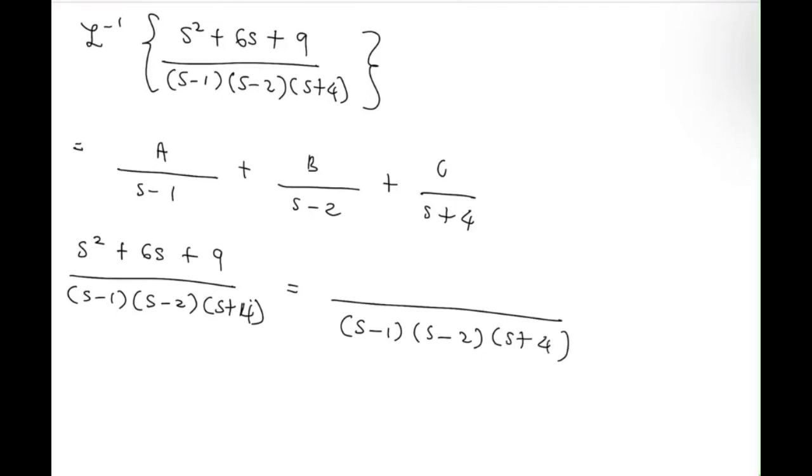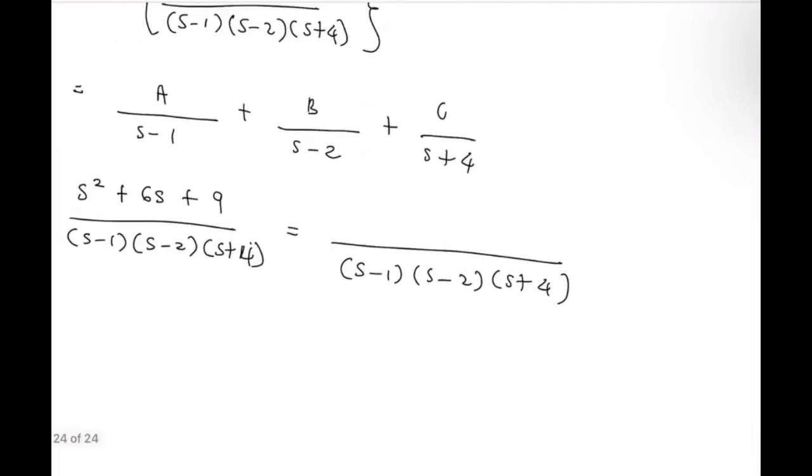All right, so first, let's see the A. For A, we already have s minus 1. That means if we want to expand this fraction, we need to multiply by s minus 2 and s plus 4. So write A multiplied by (s minus 2)(s plus 4).